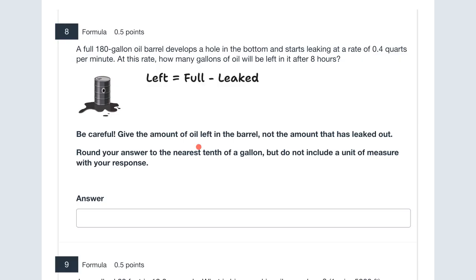So when we use dimensional analysis to find the leaked amount, we start with our flow rate of 0.4 quarts per minute. So this is quarts over 1 minute.